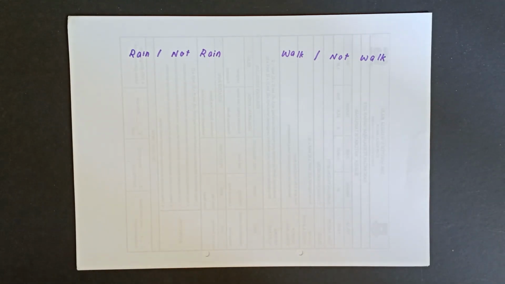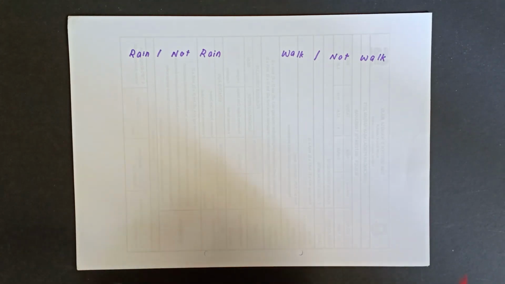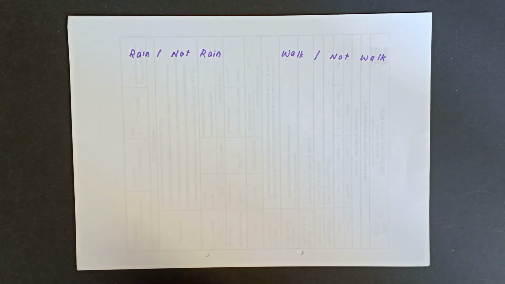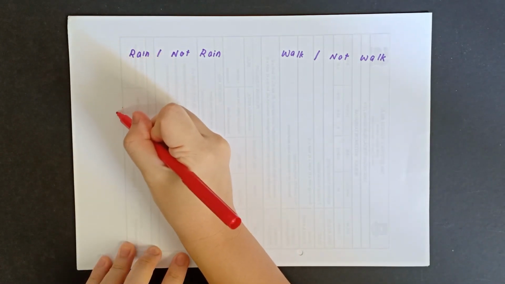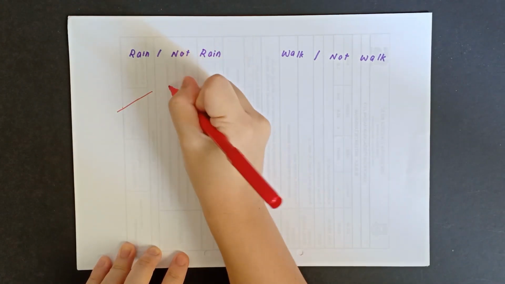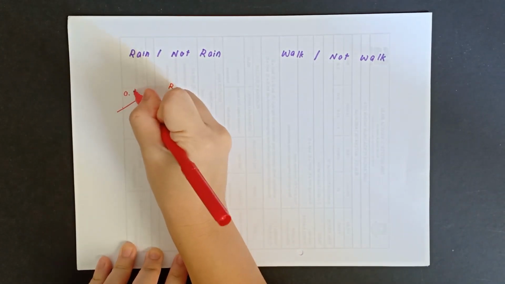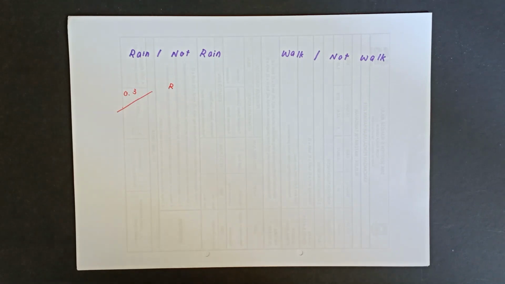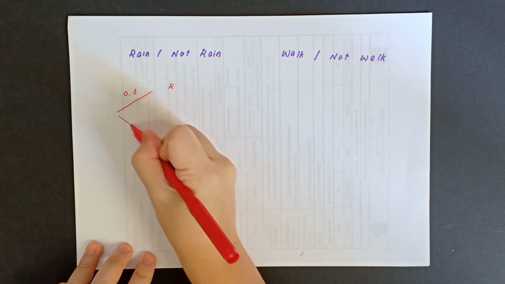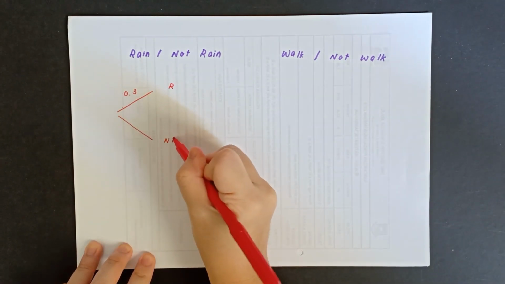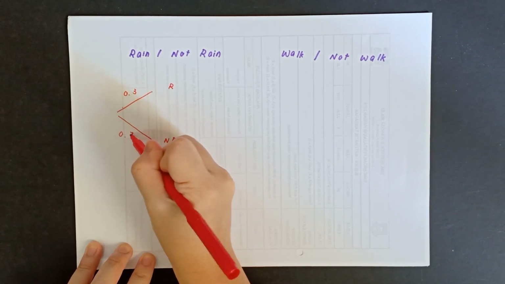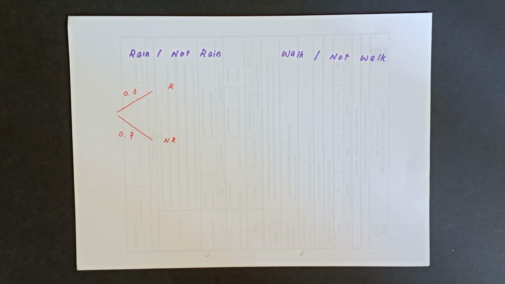Your tree diagram will look like this. This is for independent. Maybe I have a 30% chance that it is going to rain, and 70% not raining.